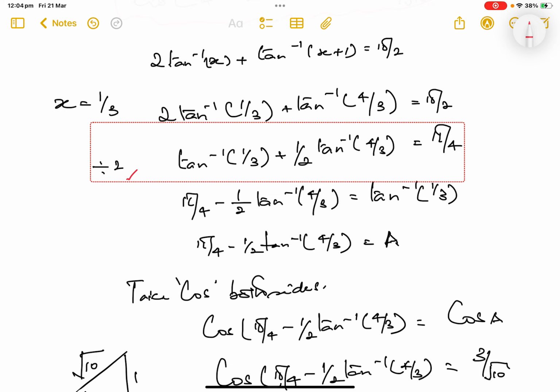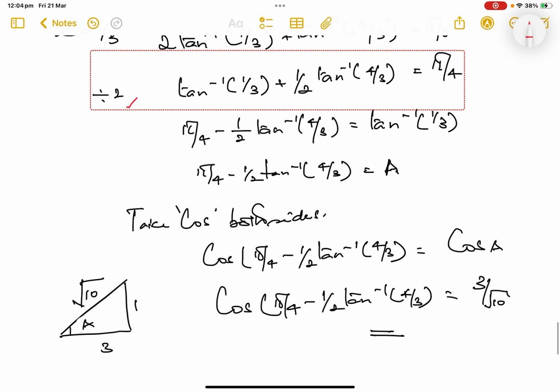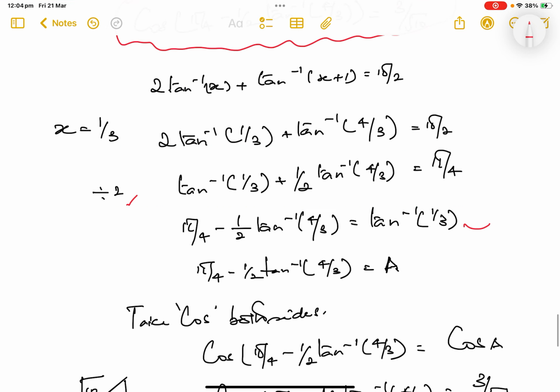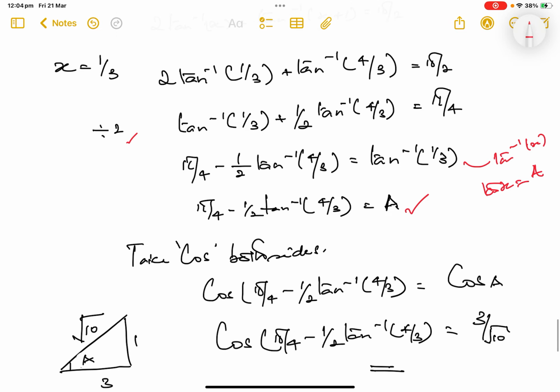If I take all these values, pi by 4 and tan inverse, all our angles, I can take that as A, because this one is tan inverse x, and we took tan A equals x initially. So I use the same notation: this is an angle A.